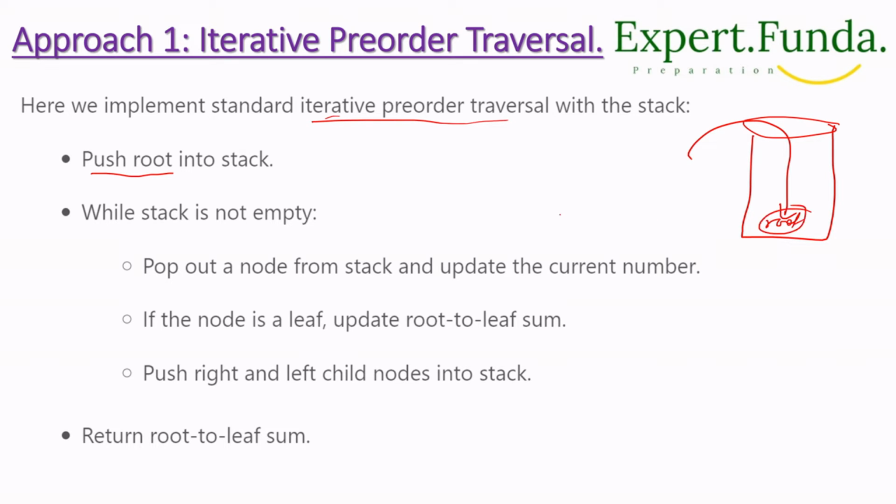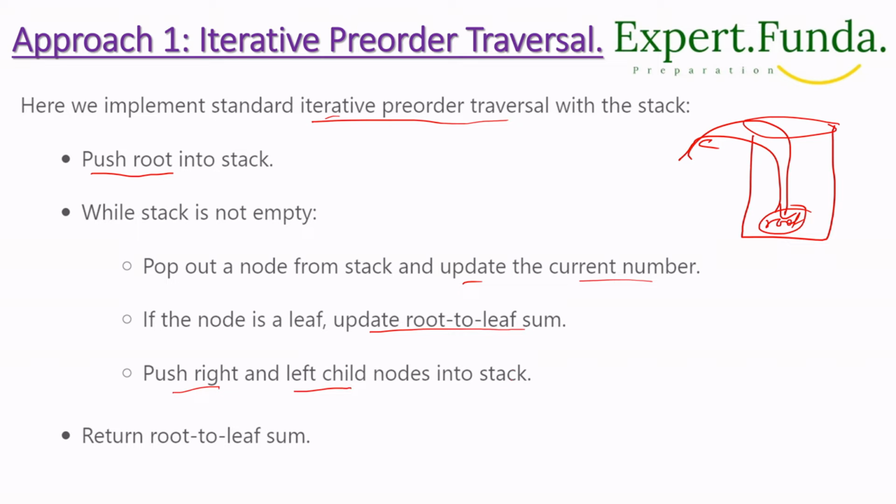Then, while the stack is not empty, we'll pop out a node from the stack and update the current number. If the node is a leaf, we'll update the root-to-leaf sum, and we'll push the right and left children into the stack.